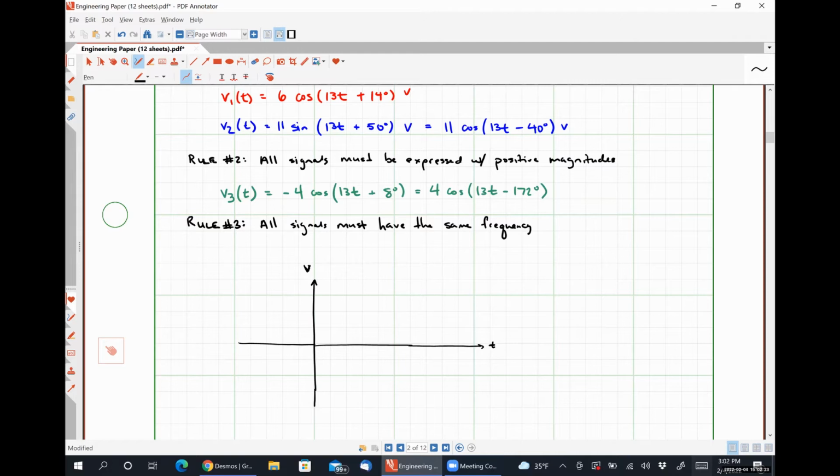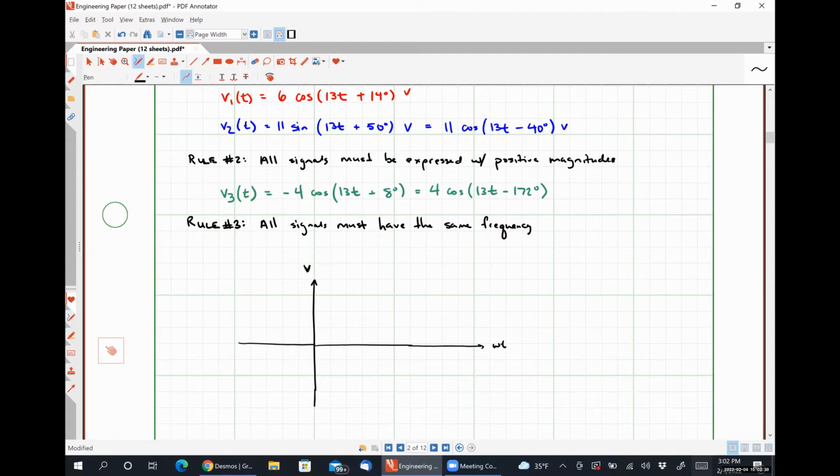Okay. So my signal V1, actually, let me make this slightly easier on myself.